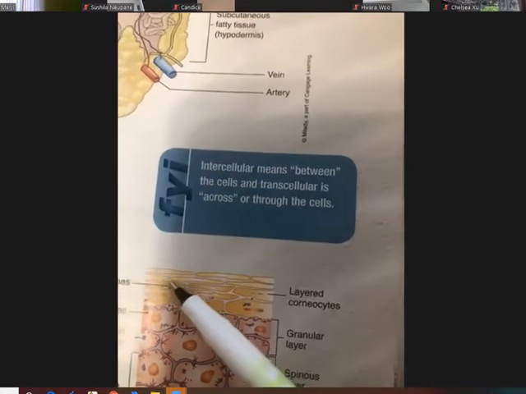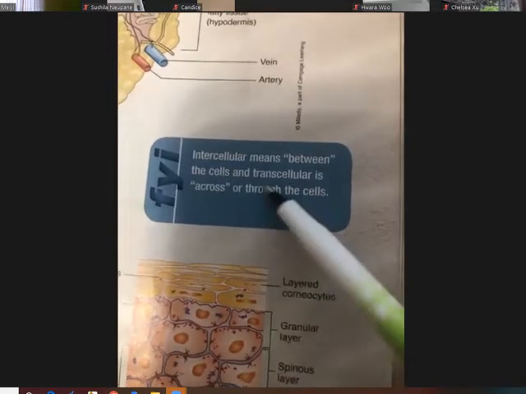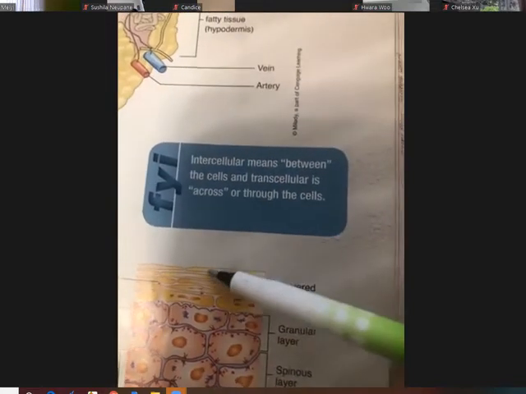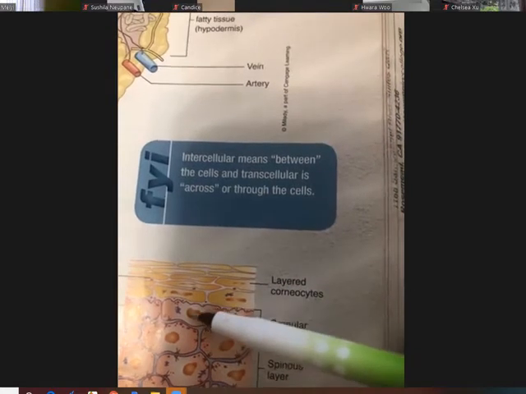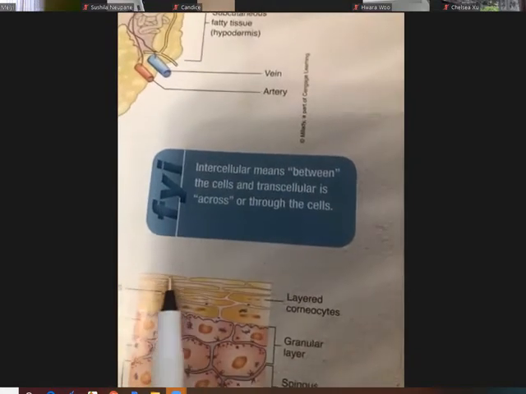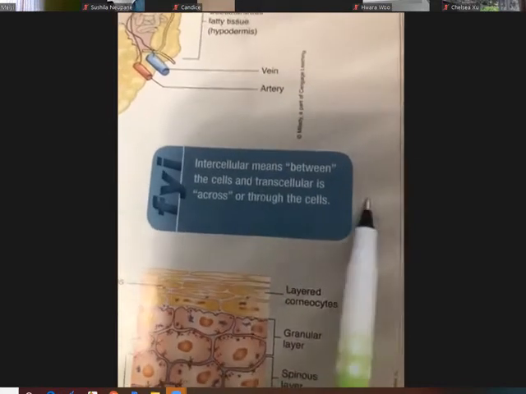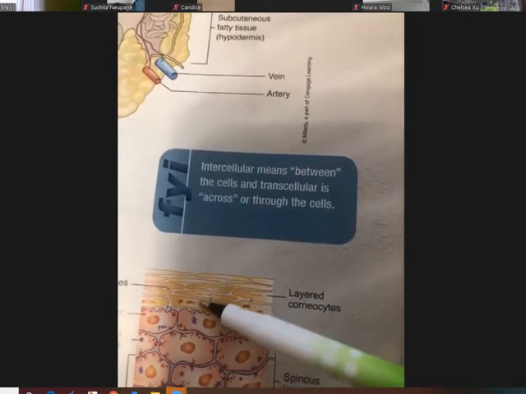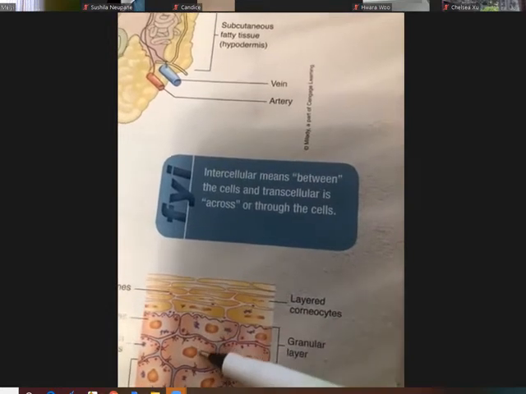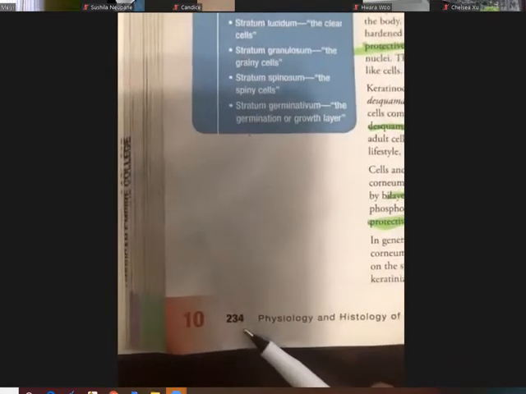Intercellular is through the channels. Transcellular means it goes into the cells and through the cells. 请记住这2个字，intercellular 是经过那些穿梭那些洞，叫做 intercellular。transcellular 是直接经过细胞。OK，记住这2个字。Let's go to the next page, 234.